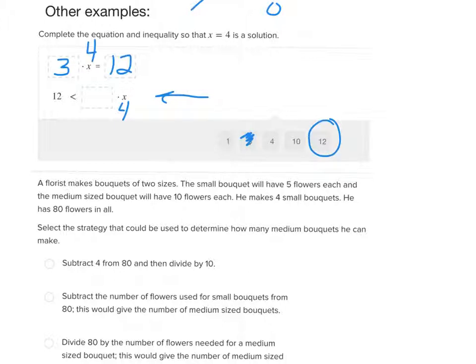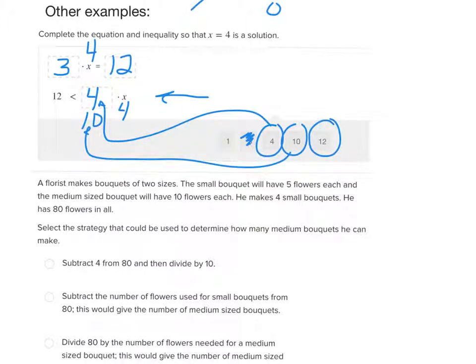No, could be 4 also. Either one of these, if you put it in there, you're going to get a true statement, because 4 times 4 is 16, which is greater than 12, and 4 times 10 would be greater also. So either one of those would be fine.